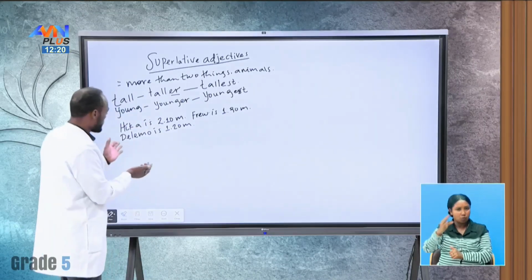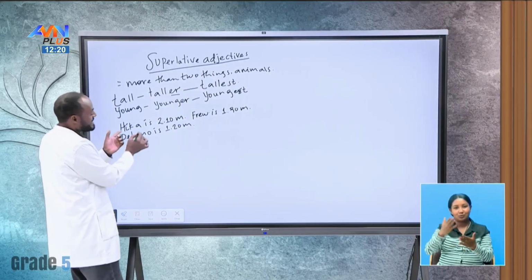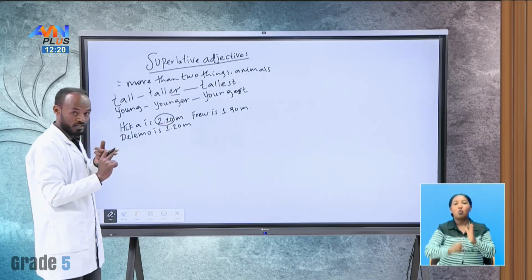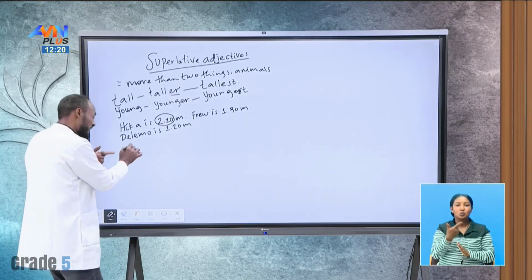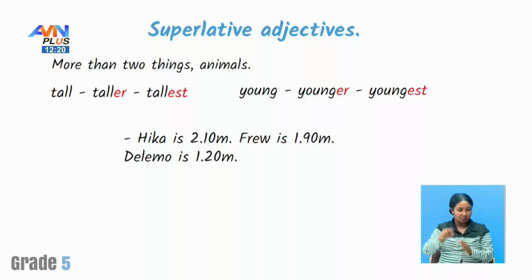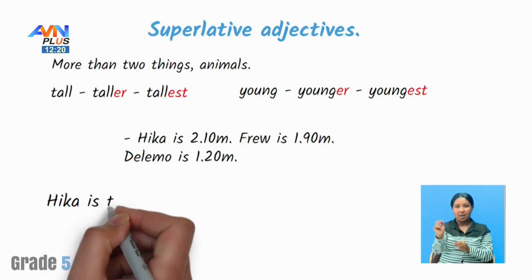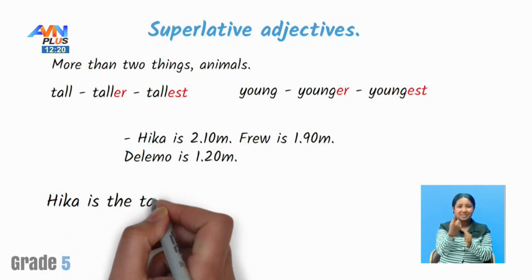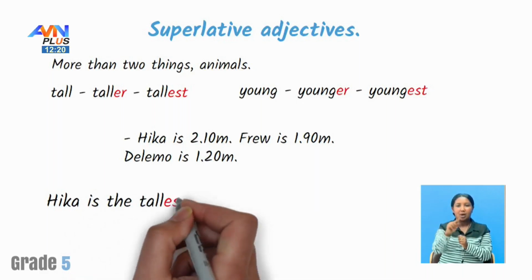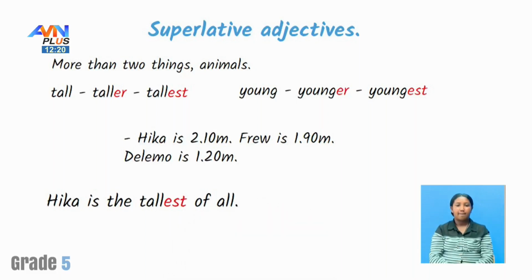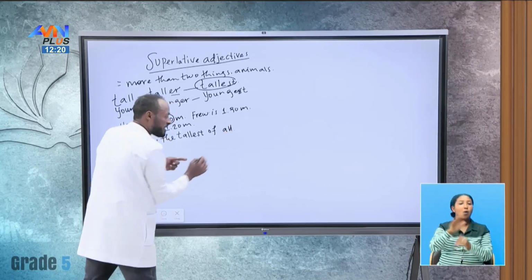Okay? So when we start from the tallest one, we have to say what? Hika is the tallest of all.